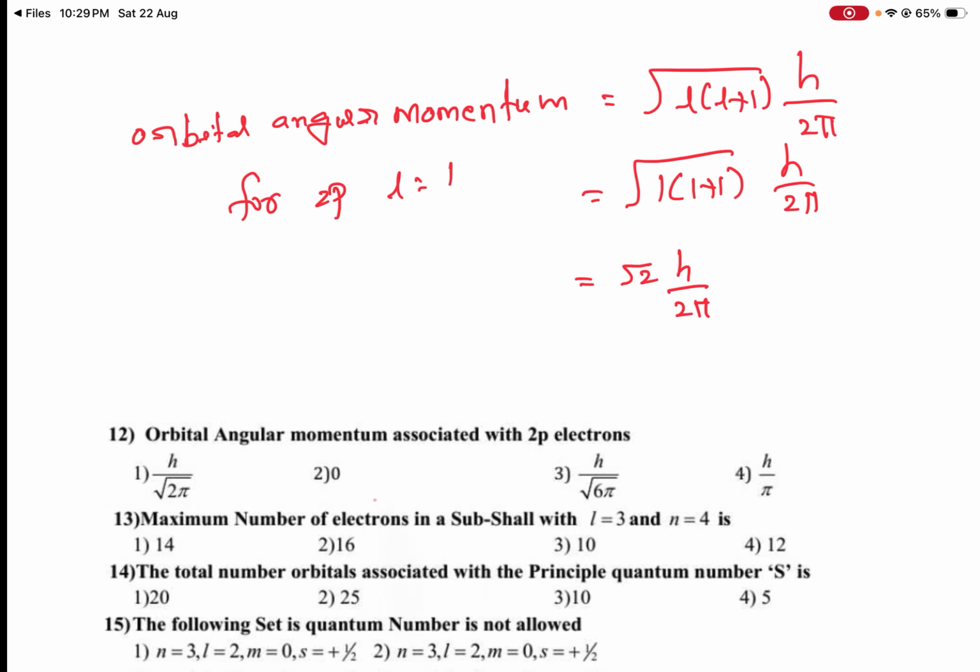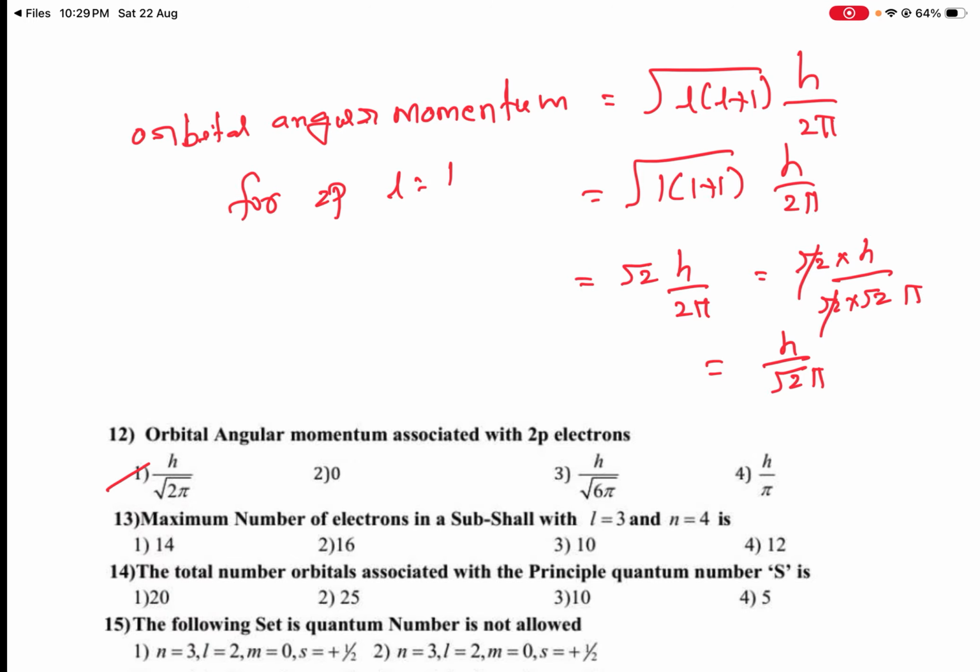This option is not there, so we must modify this: 2 is written as root 2 into root 2, so one root 2 will get cancelled. So this is equal to h by root 2 pi. h by root 2 pi is present in the first option.